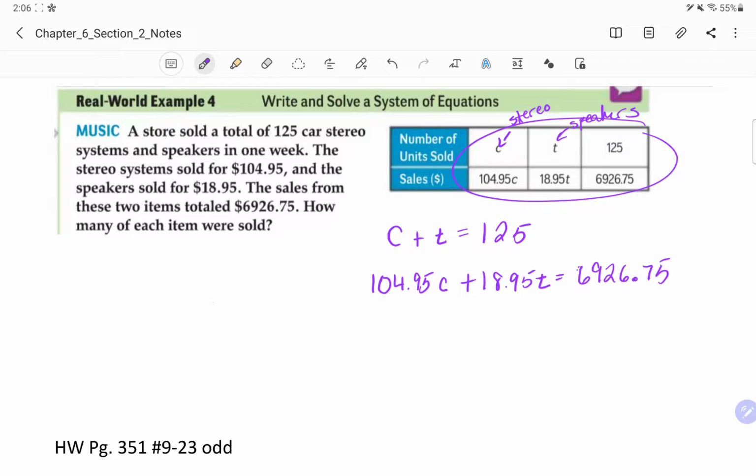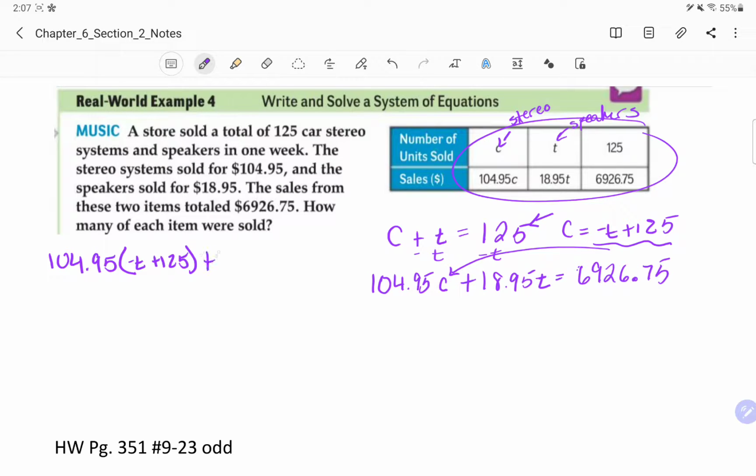All right, so I'm going to solve this one for a variable because it seems a lot easier. So I'm going to subtract over t, and that'll leave me with c is equal to negative t plus 125. I'm going to take that and plug it in here. So I'm going to have 104.95 times negative t plus 125 plus 18.95t equals 6,926.75.